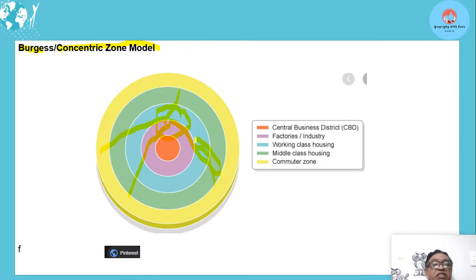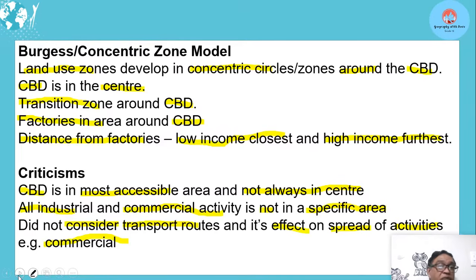When we look at development, when the transport routes come out, there are activities along them. And he did not consider that there could be commercial activities around that area. So he brought in some important things like the transition zone, etc., but he was also criticized.